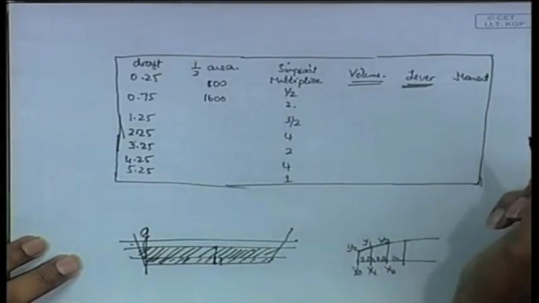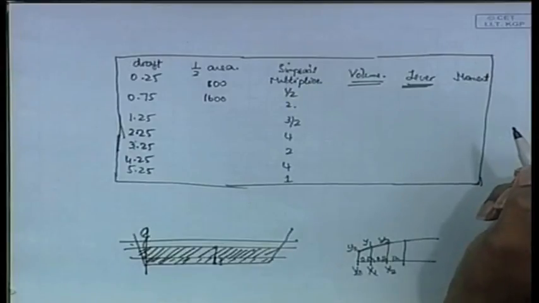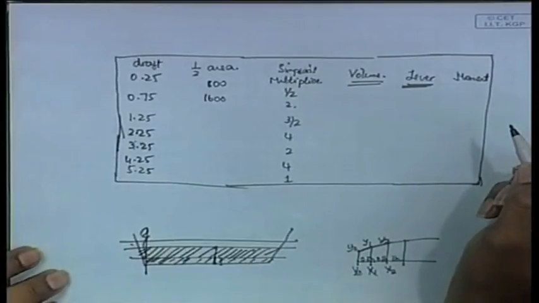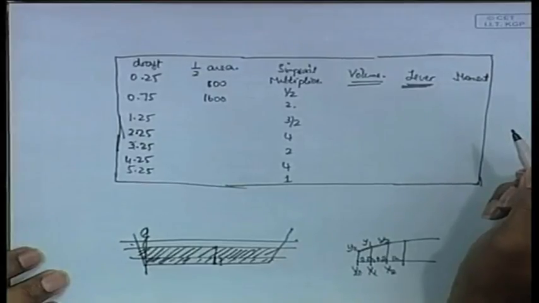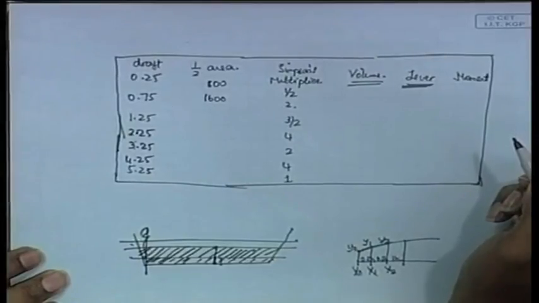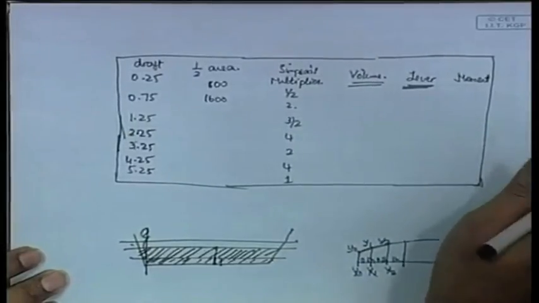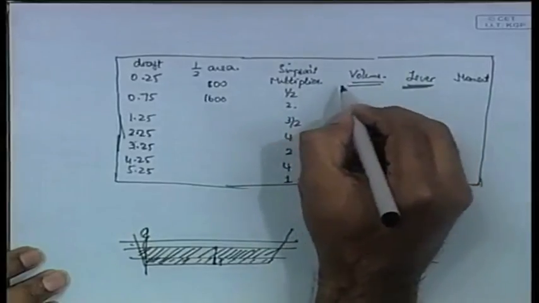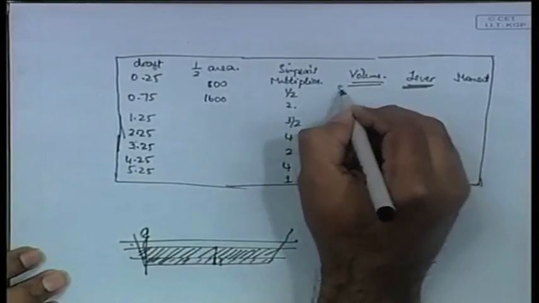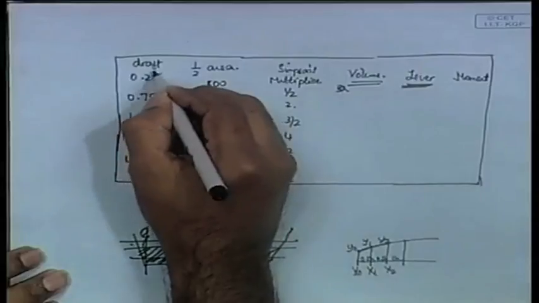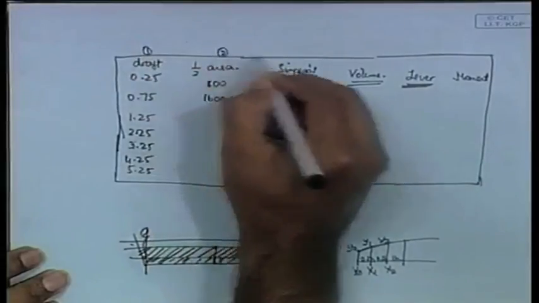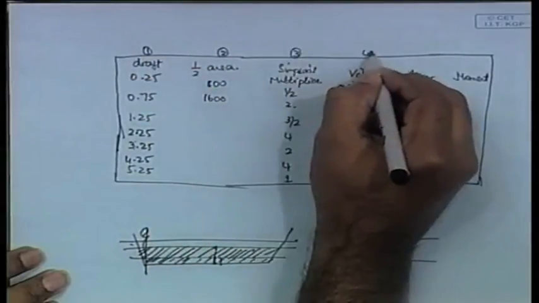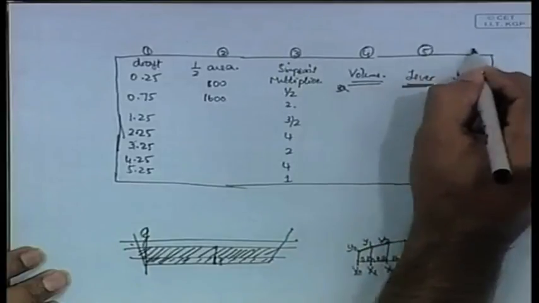This is the volume, and then 1000. So this is giving you the Simpson's multiplier, 1, 2, 3, 4, 5 and 6.